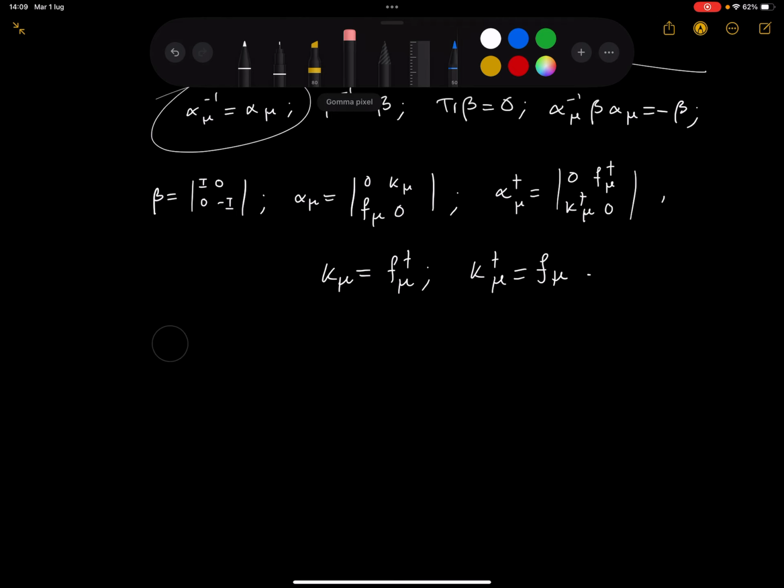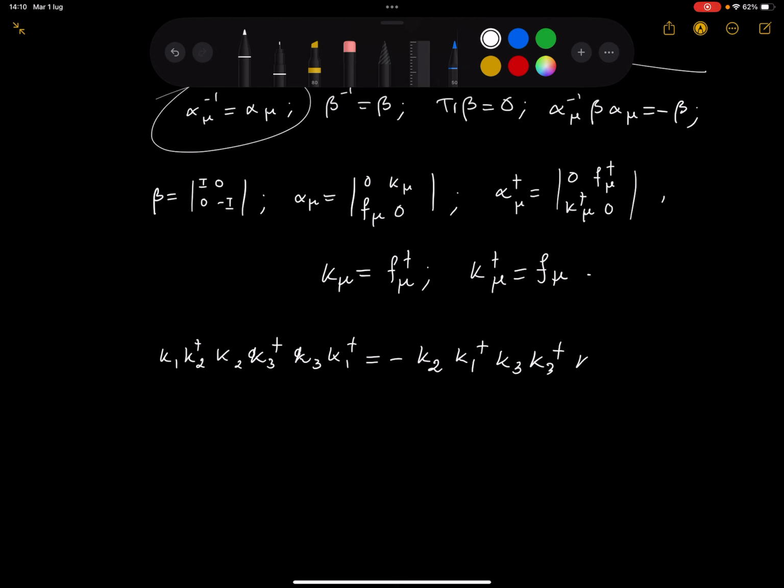So from this we can have the relationship that k1 k2 dagger, k2 k3 mu times k3, why am I writing q, k1 dagger is equal to minus k2 k1 dagger times k3 dagger times k1 k3 dagger, right?